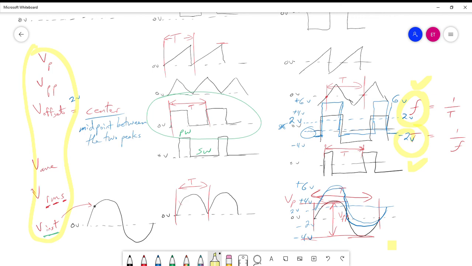There is one more I was kind of hedging on mentioning. I guess I'll mention it. The time here for this sine wave is the period. There is a certain time right here that it takes to get to this voltage.